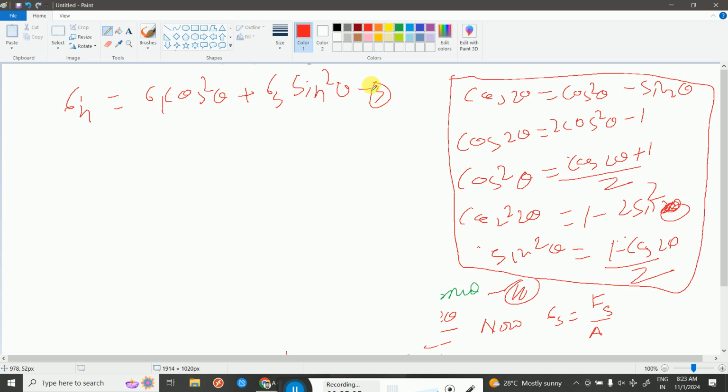This is the equation number 3. Now we will use this in equation number 3, and sigma s we have already derived, so don't worry about this.